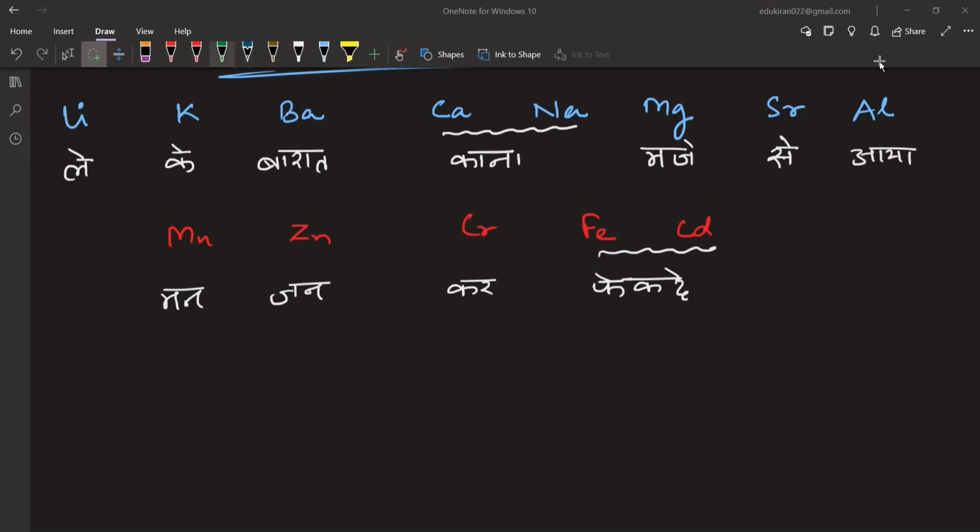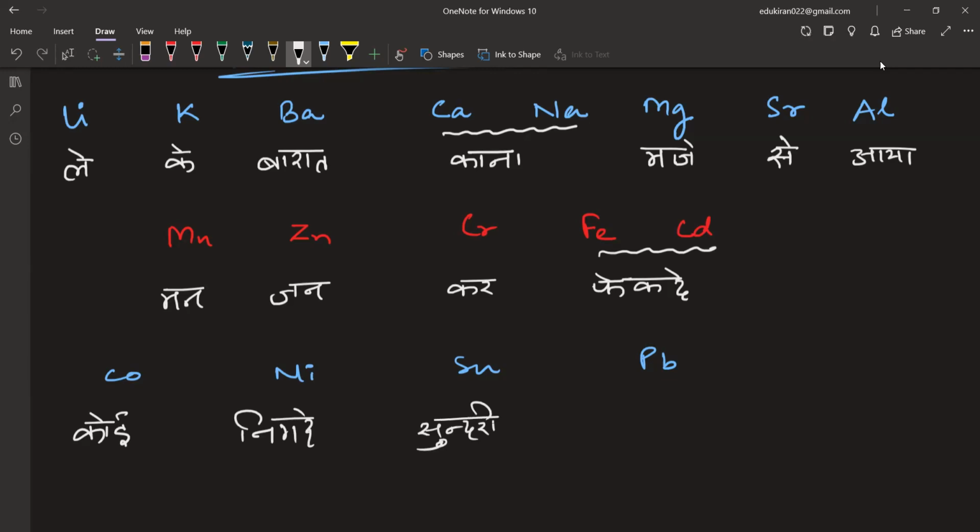Then the next one is कोई निगाहें सुंदरी प्यार भरी.